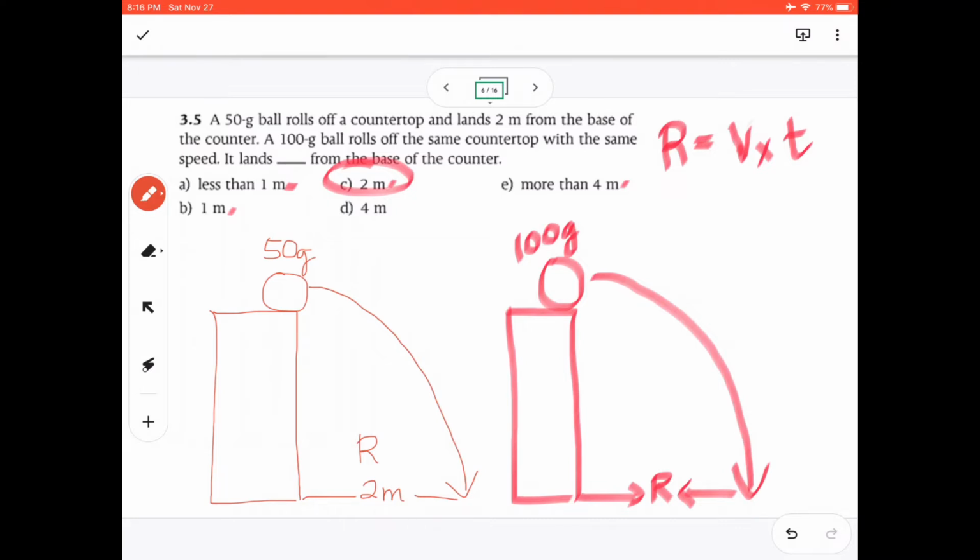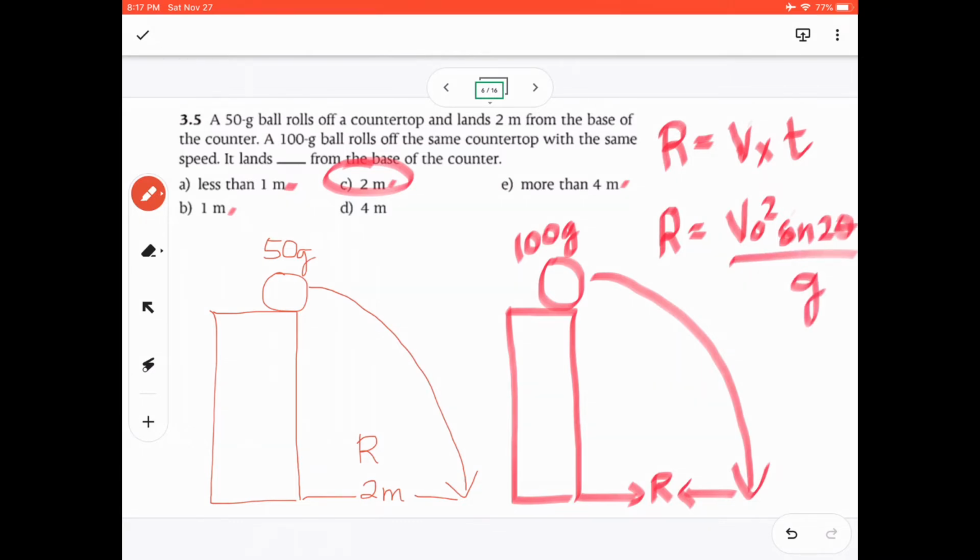And even if you roll off a ball or launch it as a projectile at an angle, the range formula for a projectile at an angle is equal to V0 squared sine 2 theta divided by g.